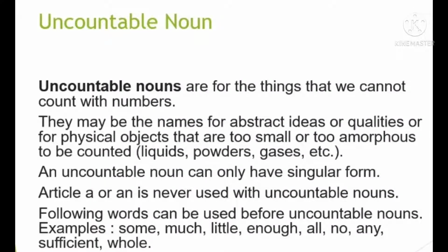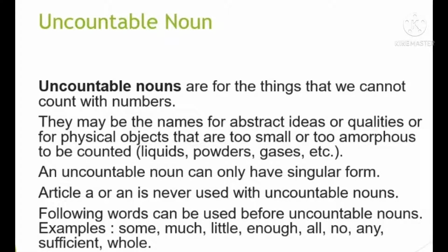Uncountable nouns are for the things that we cannot count with numbers. They may be the name for abstract ideas or qualities, or for physical objects that are too small or too amorphous to be counted, like liquids, powders, gases, etc. So children, we cannot count amorphous objects like liquid, powder and gases easily.